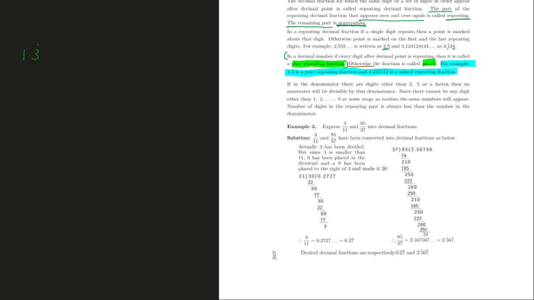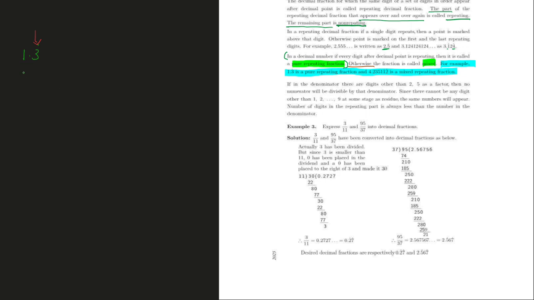There's this cap that's put on top of the repeating decimal, right? So these numbers are called pure repeating.